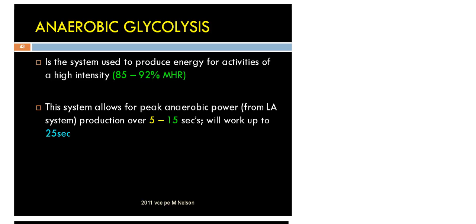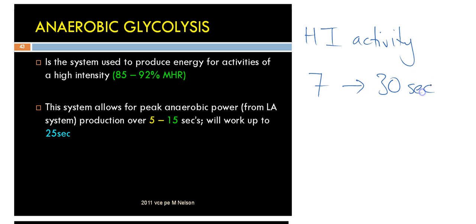It will be the predominant system in high intense activity. So if we're looking at high intense activity, the anaerobic glycolysis system will be predominant from approximately 7 through to 30 seconds. That's when it's predominant.